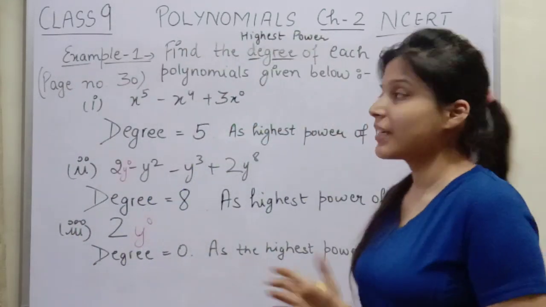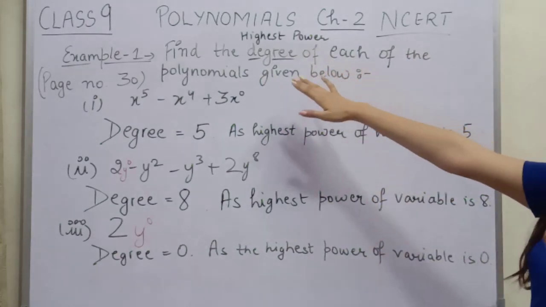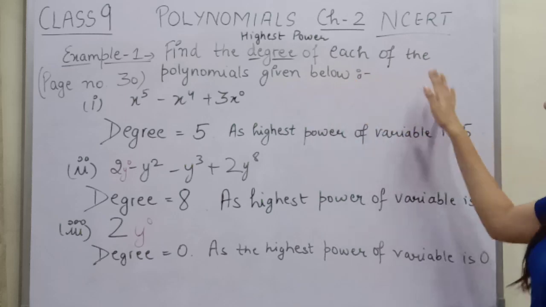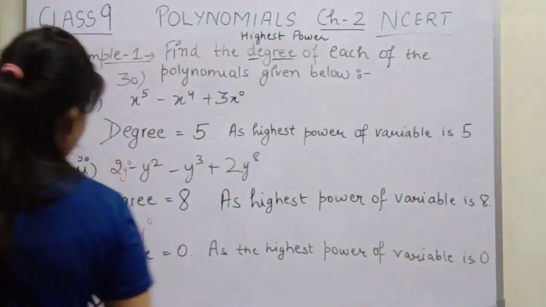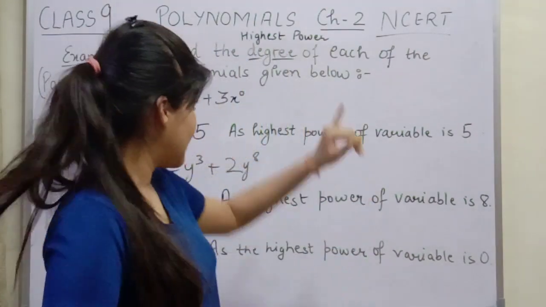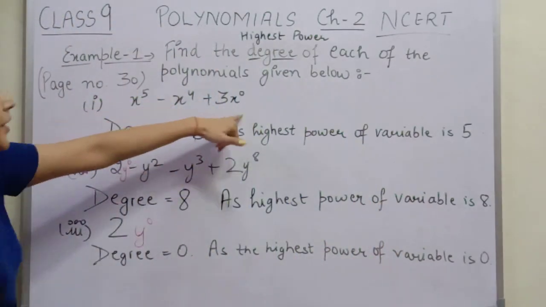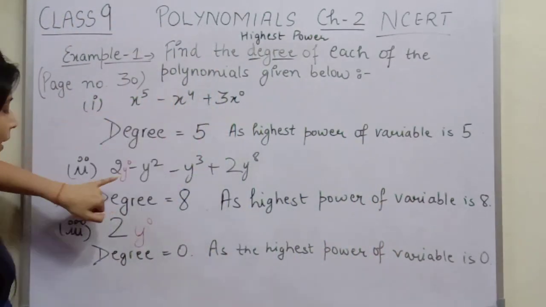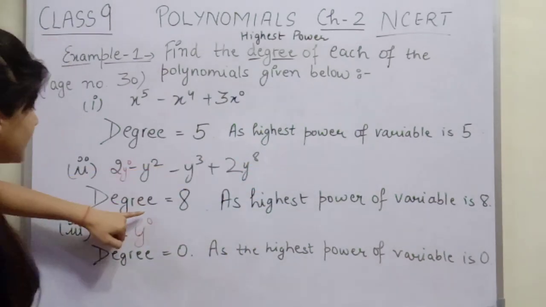Let me explain this again. We were asked to find the degree of each of the following polynomials given below, right? For the given polynomials, we have to tell their highest power, because degree means the highest power of variable. In the first part the highest power of variable is 5, so 5 is the degree. In the second part the highest power of variable is 8, so 8 is the degree.